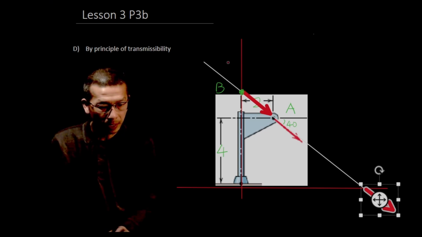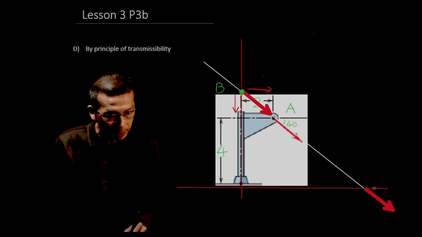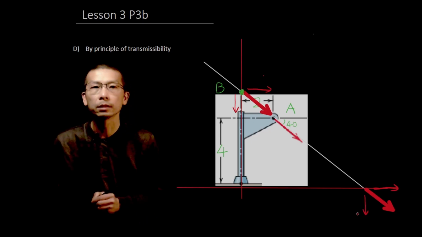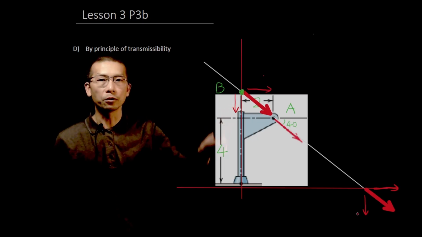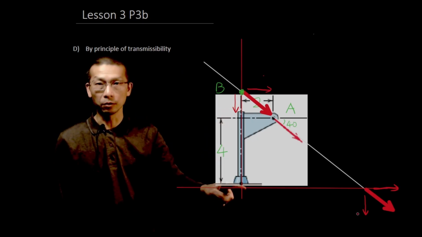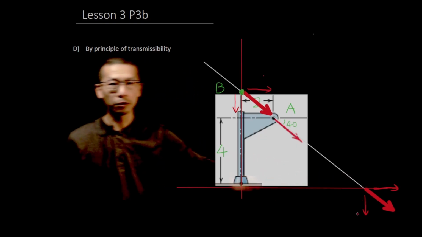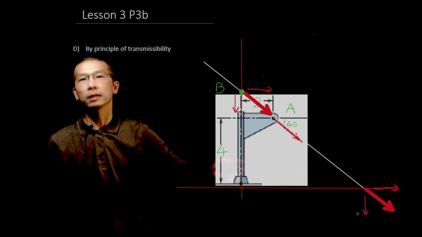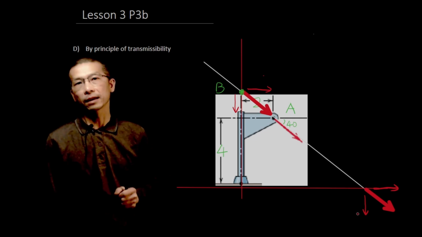Now we can break it down into the Fx component, the Fy component, the Fx component, and the Fy component. And the reason is this Y component is going through point O, so it has no effect on the moment. And this X component is going through point O, again no effect on the moment.